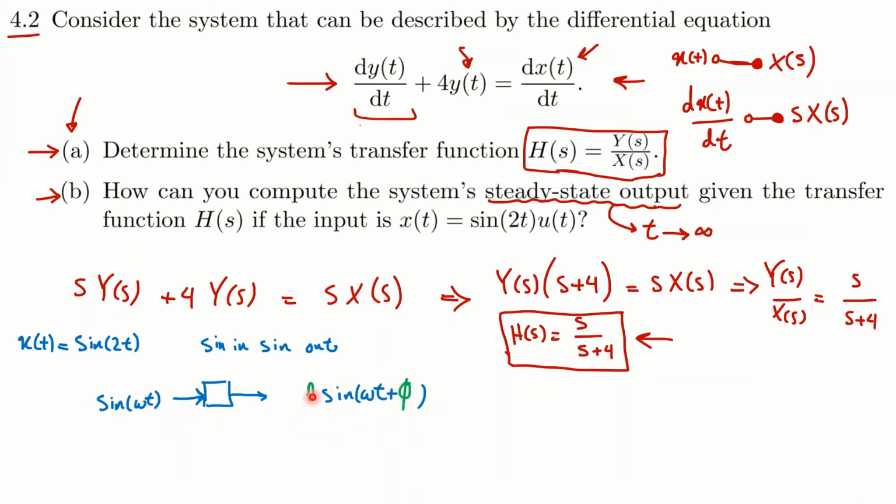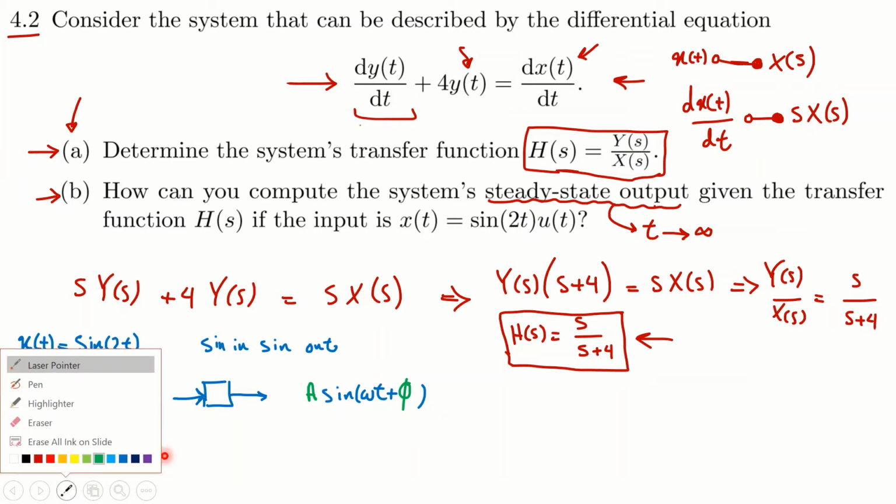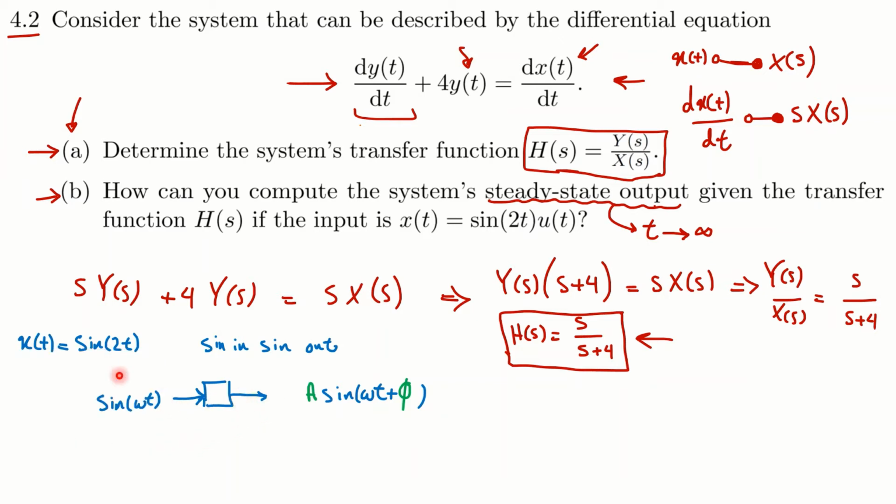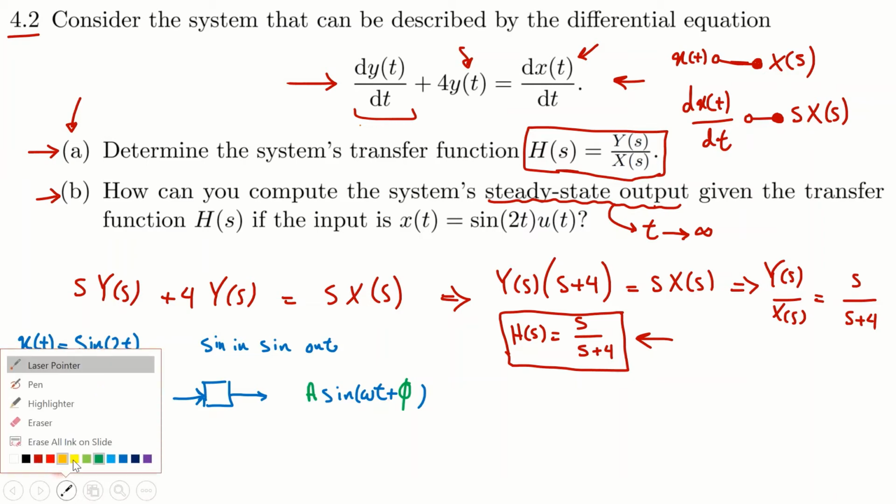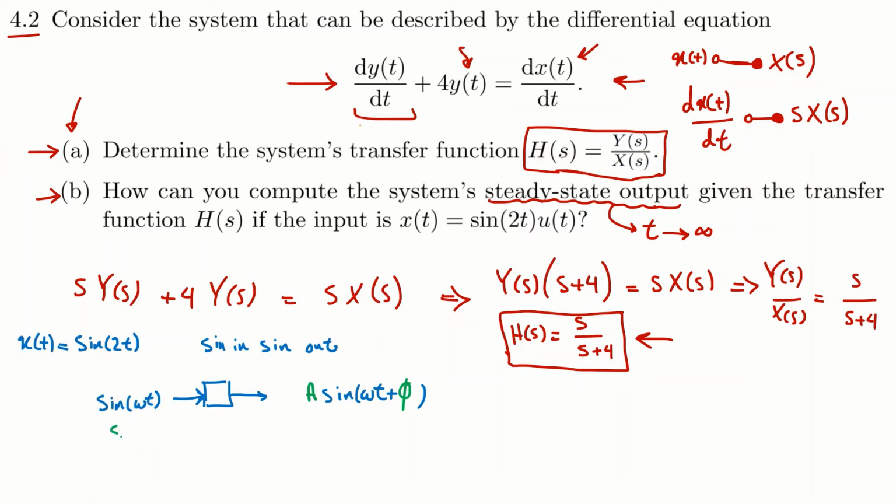And if it's cosine, we would have the same: the output would be a cosine with the same frequency and a possible change in phase and amplitude. So if the input is sine of 2t, then the output is something in the format of A times sine of 2t plus phi.